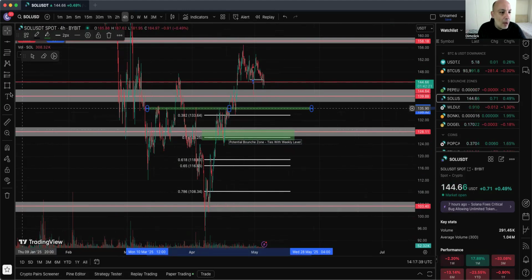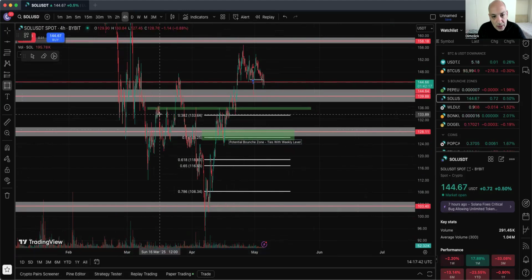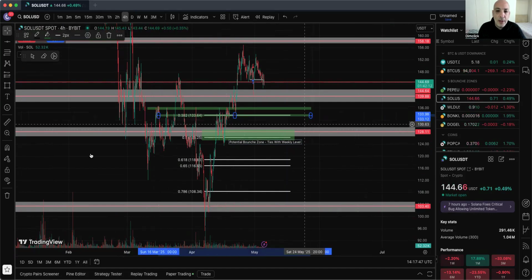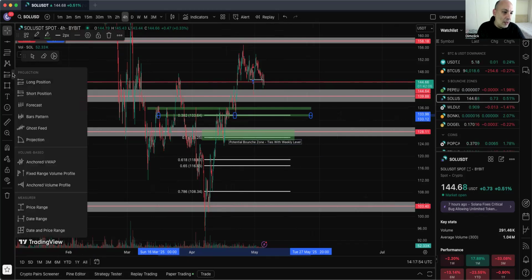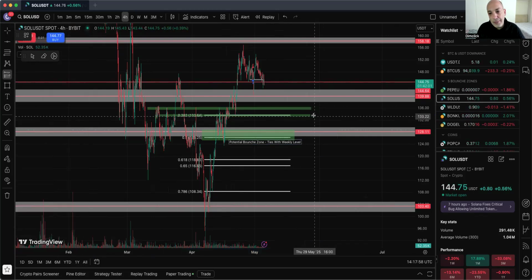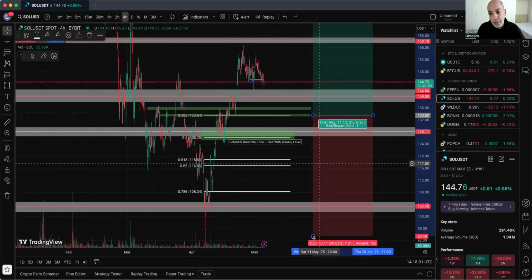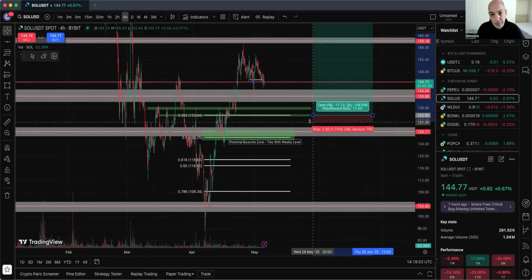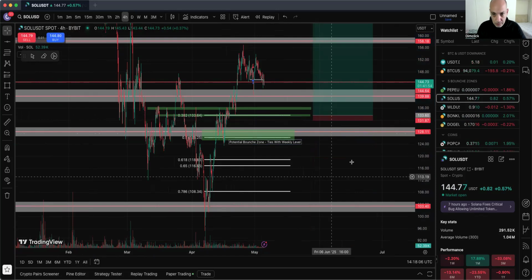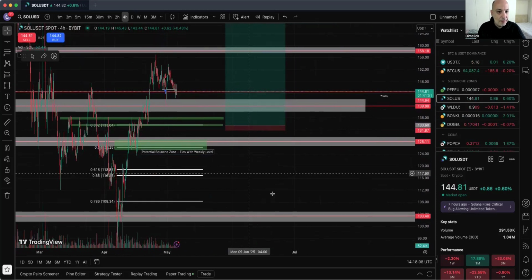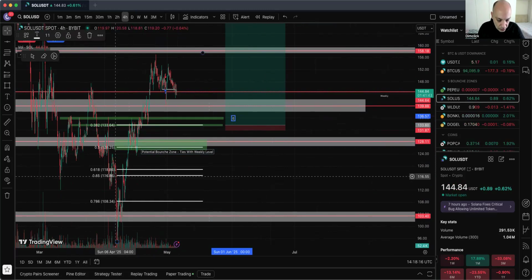And I will give you more zones here because it's not easy to predict where exactly, but you should have a very good idea. So the first potential bounce zone for Solana, a trade will be something like this, and you could have two entries.